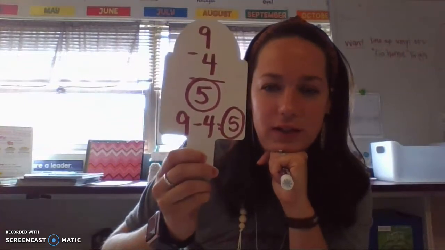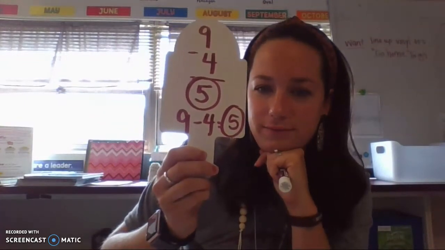The most important thing is that you still get the same answer, regardless of how you write it. Okay? Now, regardless if it's a game that you're playing, if it's a story problem, if it's just an equation that your teacher yells out and says, solve this, okay? However you write it, however you solve it, the most important thing is that you still get that correct answer, okay?